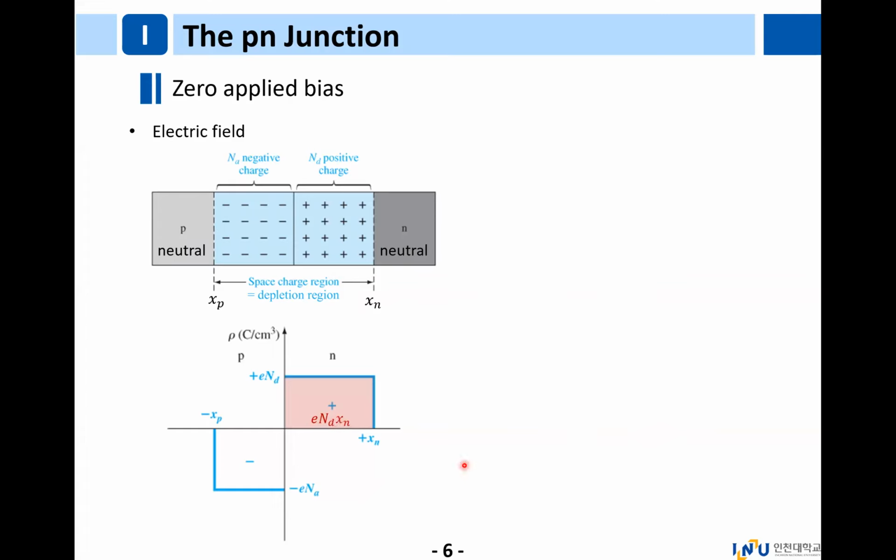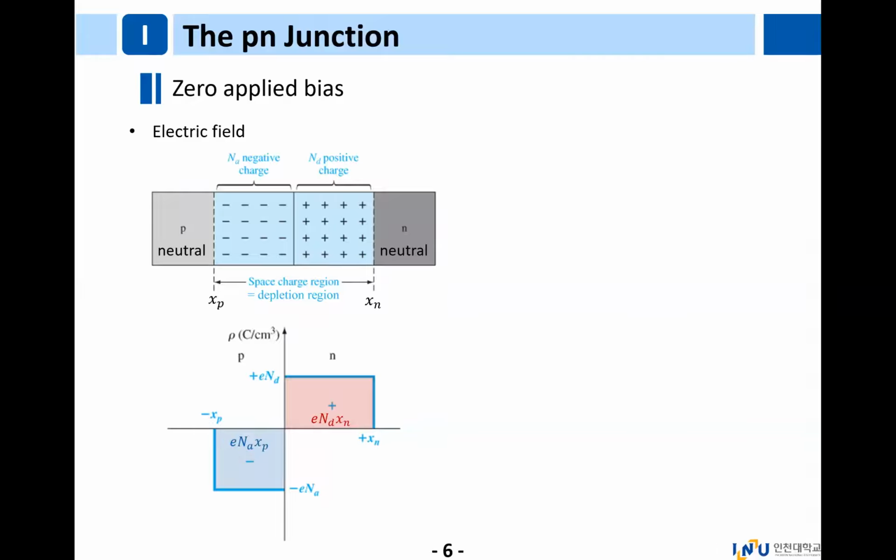And similarly, in the p-type region, the depletion region width is xp, and the charge density at that point is minus qNa. So the area of this rectangle is qNa xp.